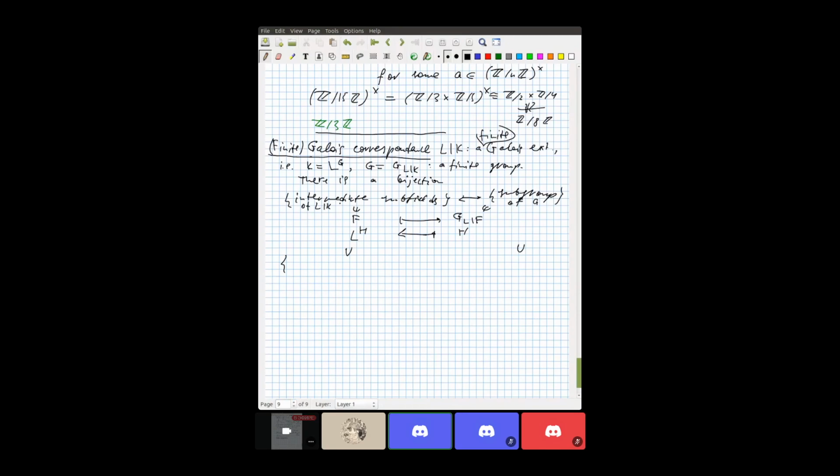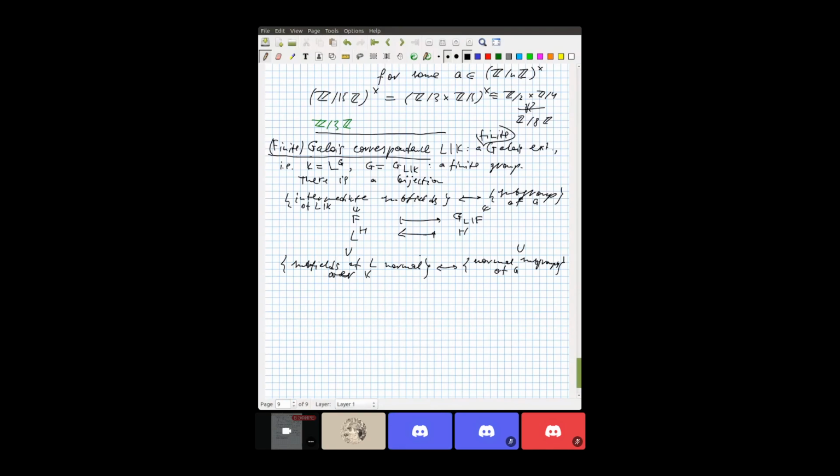You may consider only those intermediate subfields that are normal over K. And actually this correspondence induces a bijection between such subfields and normal subgroups of G.